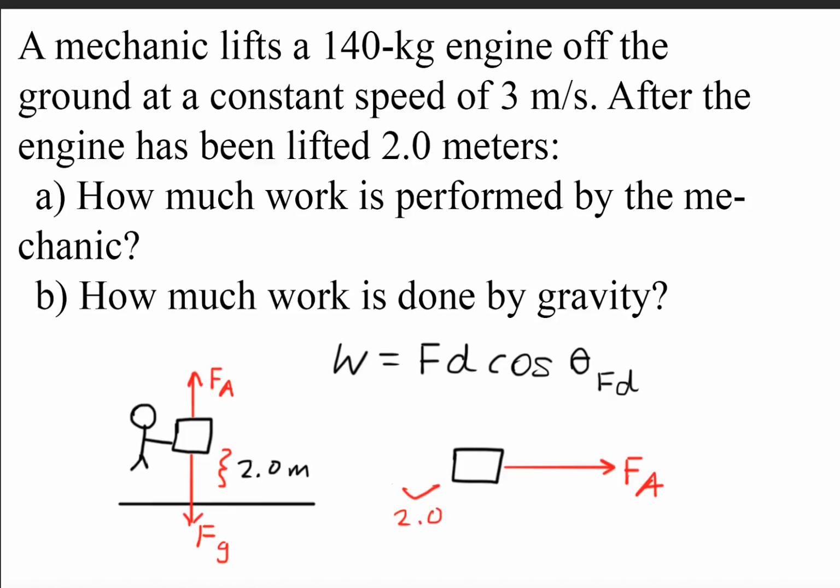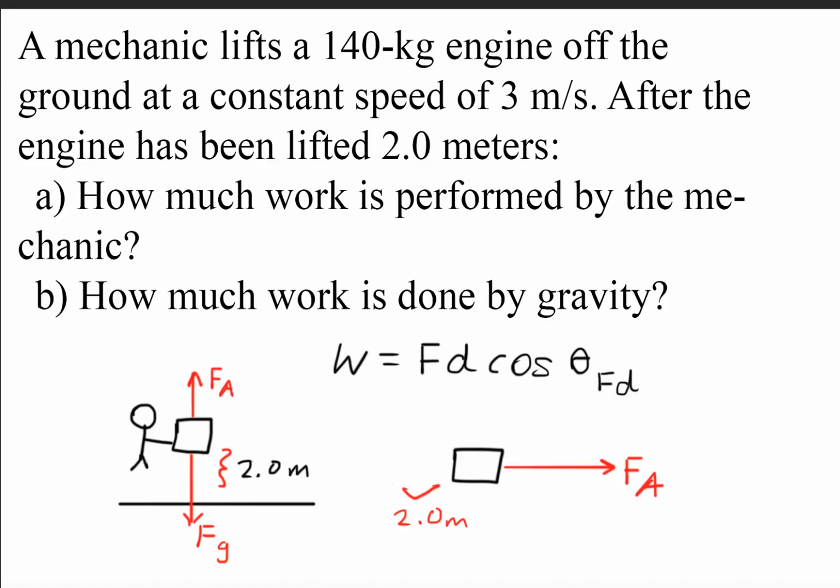We need to find the angle that's between the force and the displacement. So it displaced 2 meters, and the force is going this way. Therefore, the angle is right here.